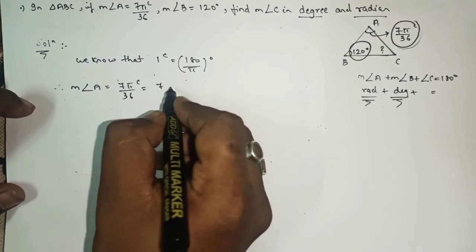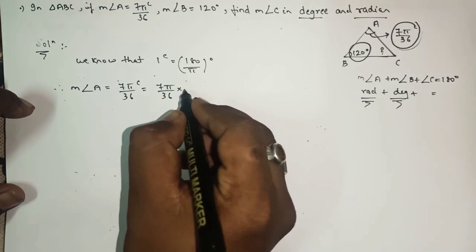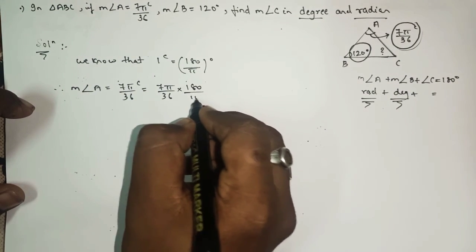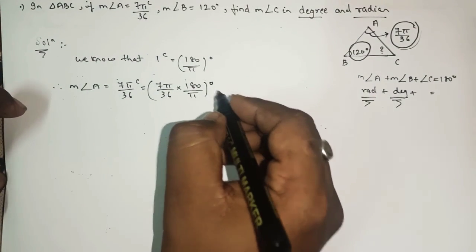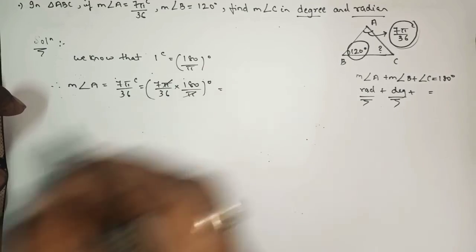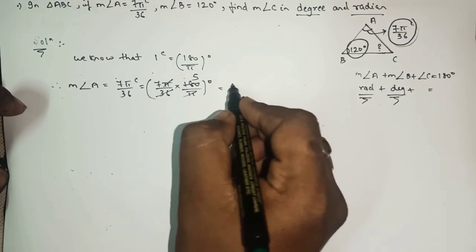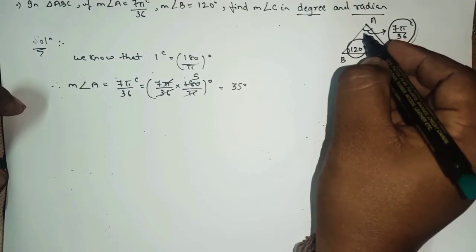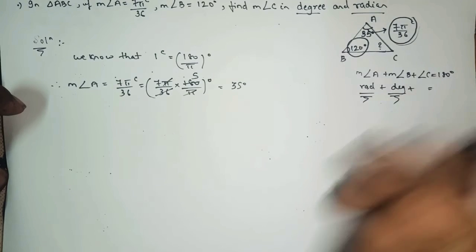So we'll convert this 7 pi by 36 into degrees. Simply multiply by 180 upon pi. This pi will get cancelled. 36 fives are 180, and 7 fives are 35. So the answer of angle A in terms of degree is what? 35.